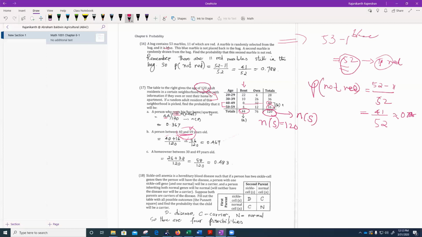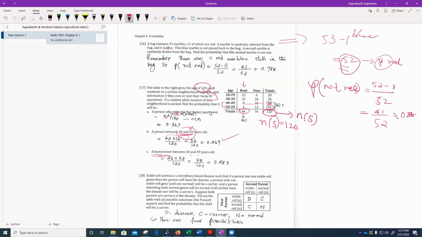Okay, good. Now the last one, a homeowner. Now you are looking for the homeowner between 30 to 49. Now you are going to look at the owner, but the age should be 30 to 49.